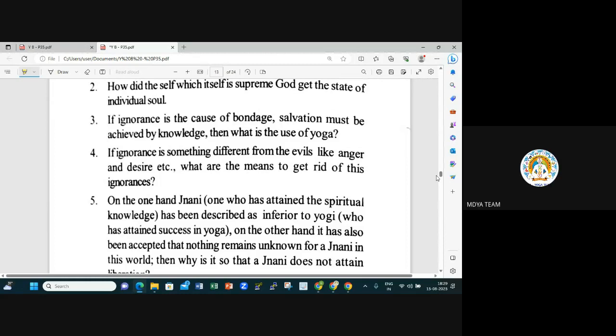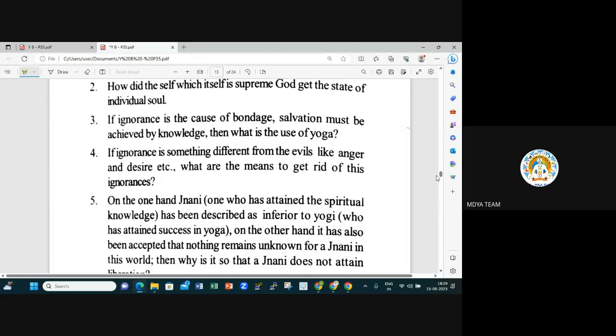Yes, a little bit. The question is put in the same order: if ignorance is different from the evils, meaning anger and desire, according to what you are telling, and according to this question, then what are the means to get rid of this ignorance?